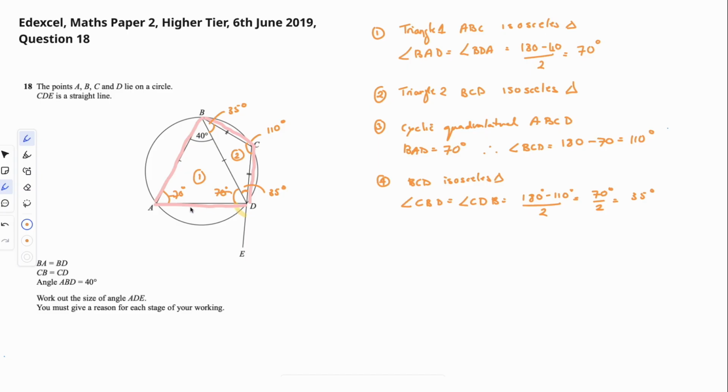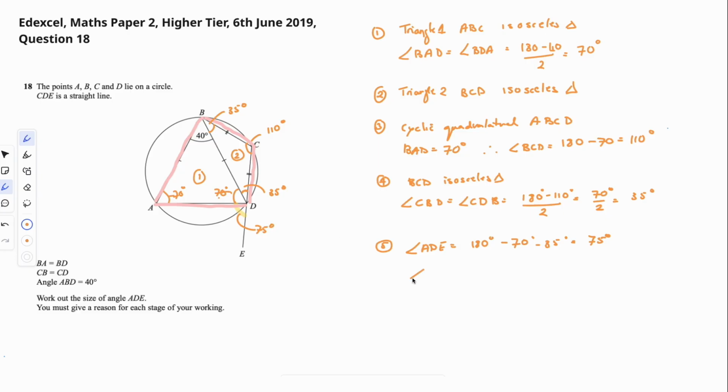Now, remembering we were asked to calculate angle ADE, from the information that we calculated from these two angles, we can say that angle ADE is equal to 180 degrees, because we're talking about a straight line now, minus 70 degrees from here, minus 35 degrees from here, which gives us 75 degrees as this angle here.